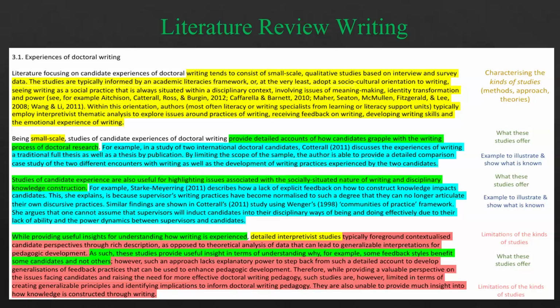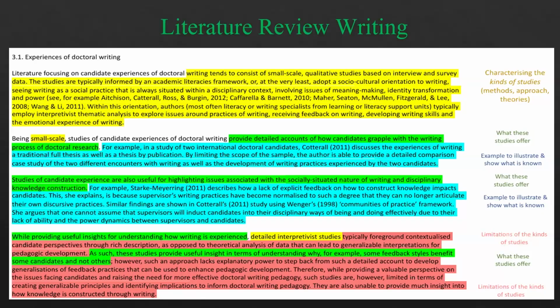And you can see here, as you read through the slide, that the author who wrote this has very specifically moved away from just listing information by author. And now they've listed information in terms of how these particular approaches by these authors were used in relation to this issue, which is the experience of doctoral writing.